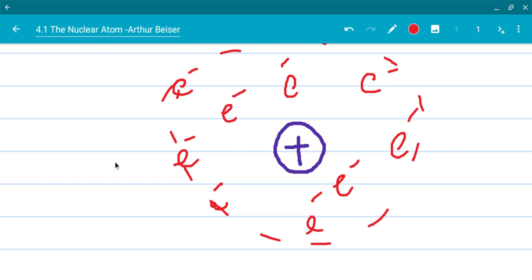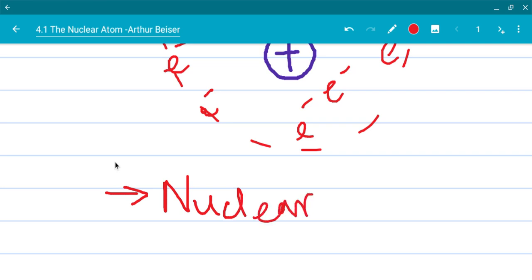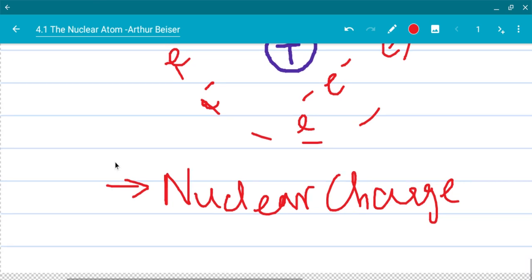Now later on, these experiments were done with different elements, and they helped to determine how alpha particle scattering determines the nuclear charge, which is represented by Z as well. So they help to determine the nuclear charge of different elements.